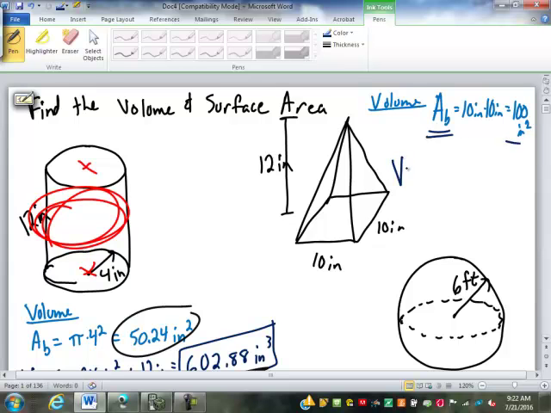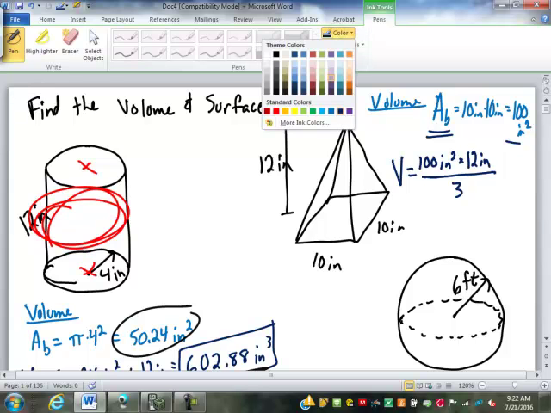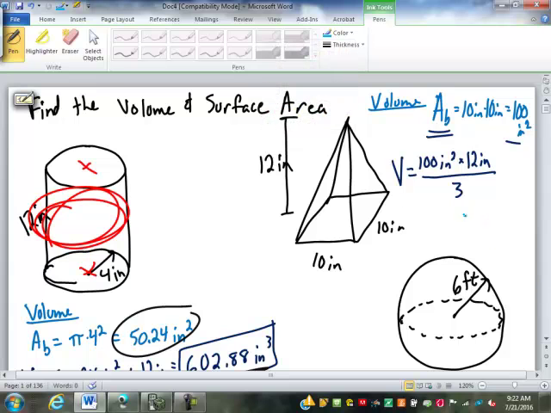To find our volume, we take that area of the base, 100 square inches, times our height of 12 inches, but what do we have to do to it? Divide by 3. Volume is three-dimensional, so we divide by 3 when finding the volume of a pyramid, which gives us 400 inches cubed. So the volume there is 400.